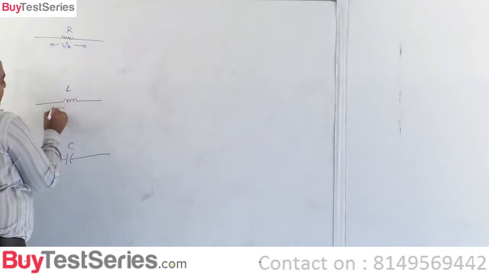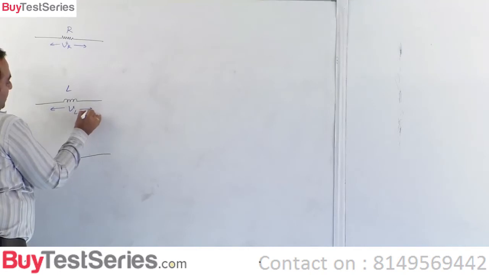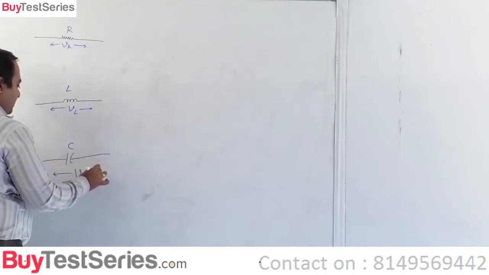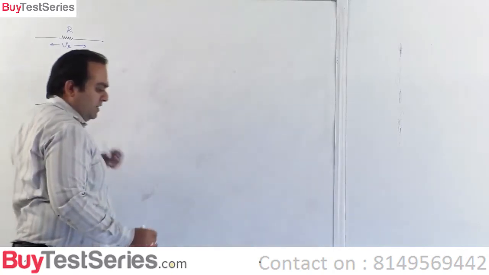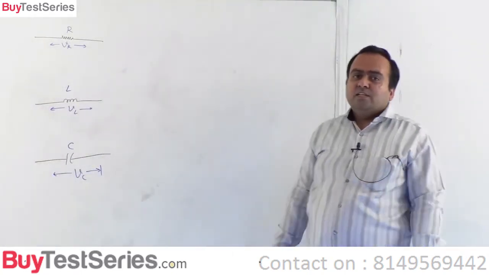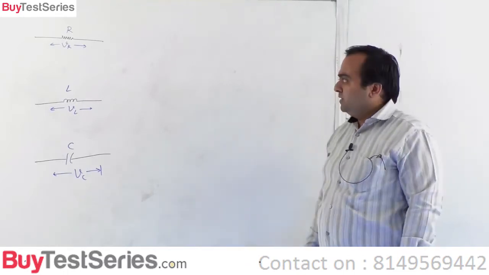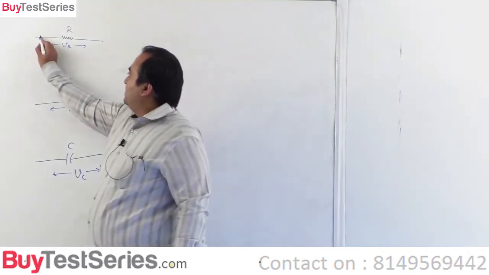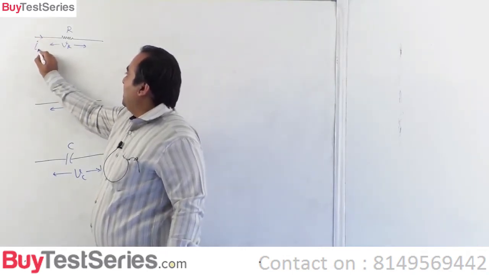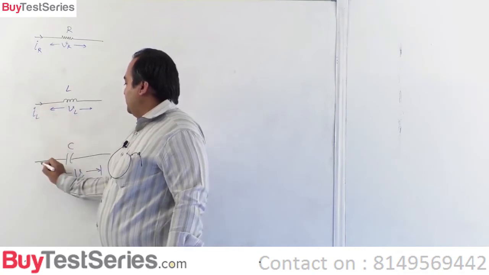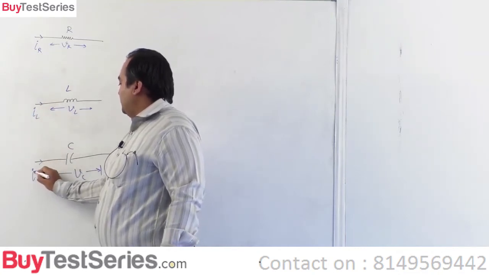This is voltage VR, this is voltage VL, and this is voltage VC. Alright, so these are the 3 circuit elements that we will come across. We can also indicate the currents. This is IR, this is IL, and this is IC.